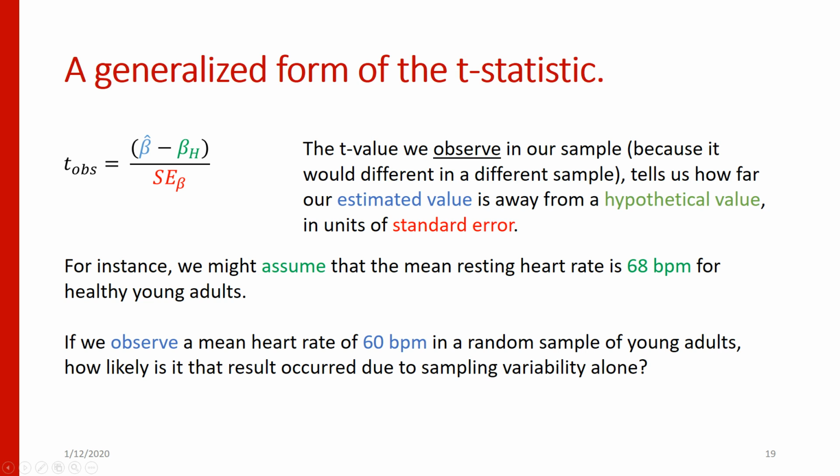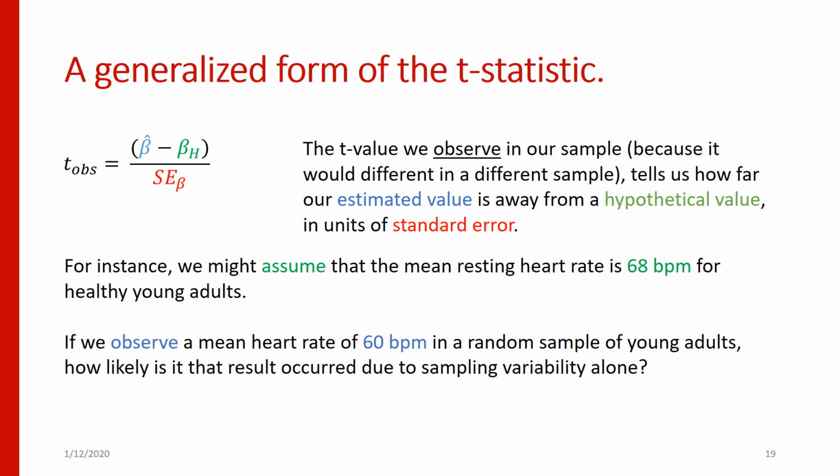So if we have beta hat, right, is our estimate of beta, right, we're looking at our data to try and make some estimate of a parameter in the population. Beta is the true parameter, so beta hat is our estimate of that parameter that we're drawing from our data. We then get beta sub h, right, which is the hypothetical value. So we're saying this is the hypothetical value of beta in a certain circumstance, right?